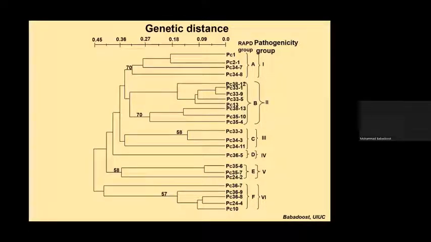For example, if we want to develop resistant varieties of pepper, we have to test all possible isolates because of genetic differences.